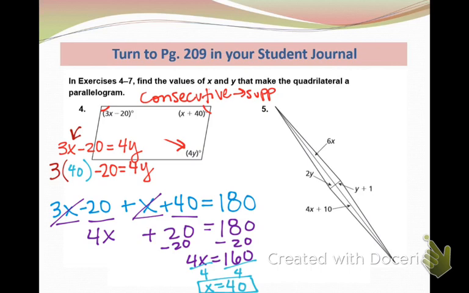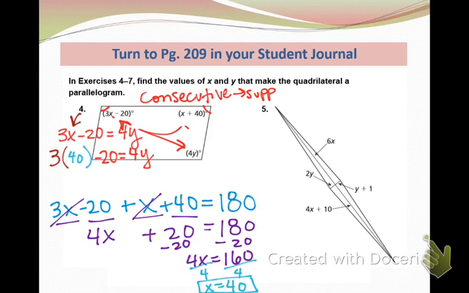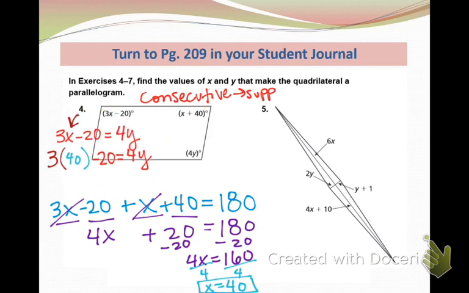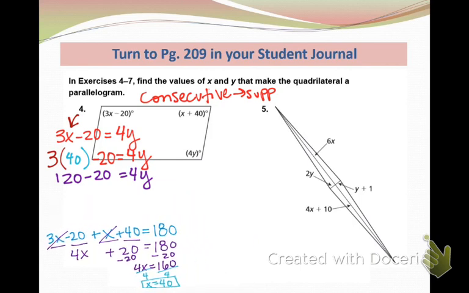So 3 times 40 is 120, minus 20 equals 4y. 120 minus 20 is 100, equals 4y.